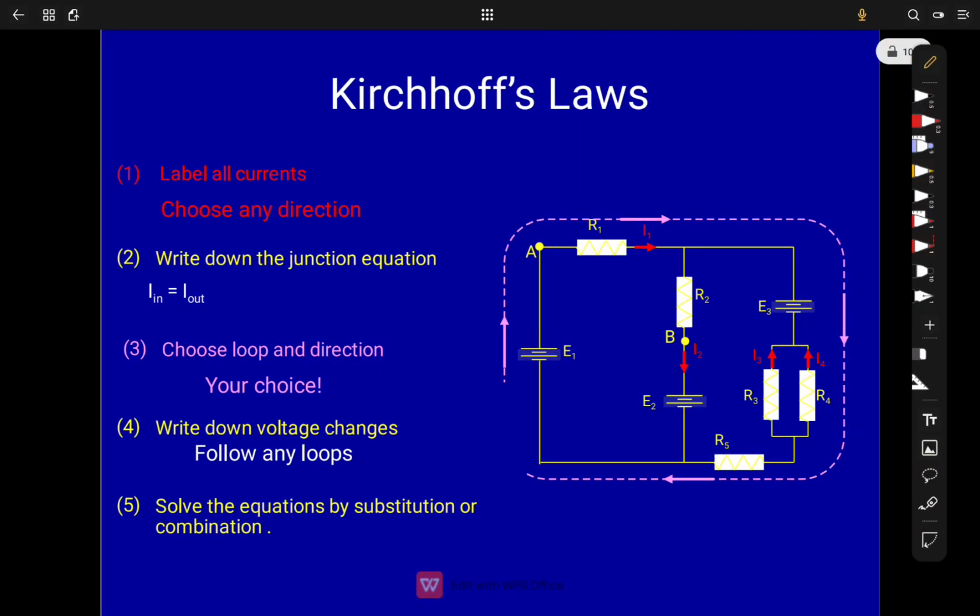Ayan. Recap lang ulit natin yung ating naging lesson for today, which is yung ating Kirchhoff's law.